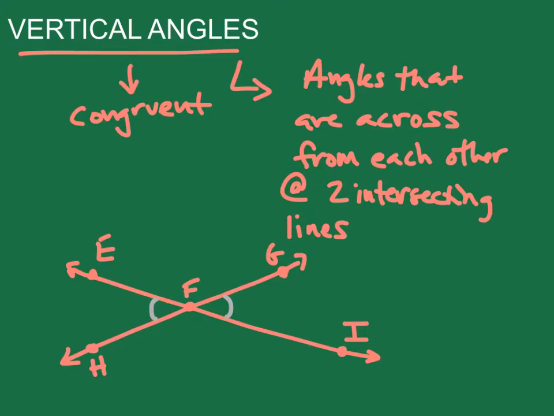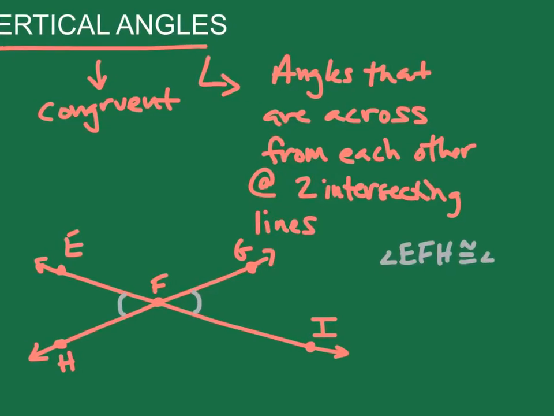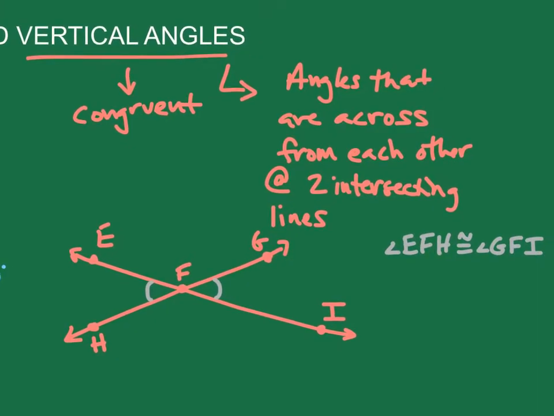So I could say that angle EFH is congruent to angle GFI. Okay. Now also, in this I have another pair of angles, and those angles are also going to be congruent.